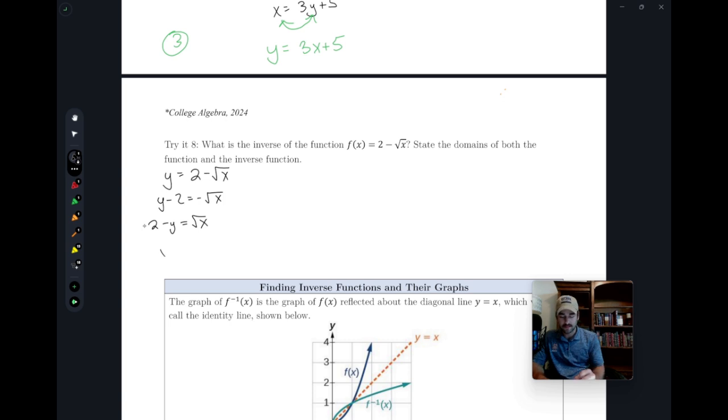Square both sides, and you end up with x equals (2 minus y) squared. To make that a little prettier, let's go ahead and FOIL it out, and we'll end up with y squared minus 4y plus 4. But we're not done because we haven't written it in inverse form yet. We've just solved for it. So we need to switch x and y and write it as f inverse. So f inverse is equal to x squared minus 4x plus 4.